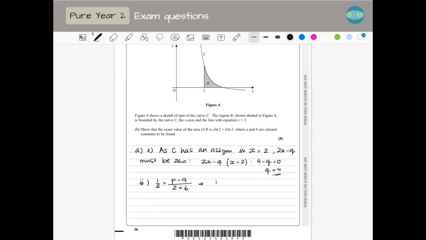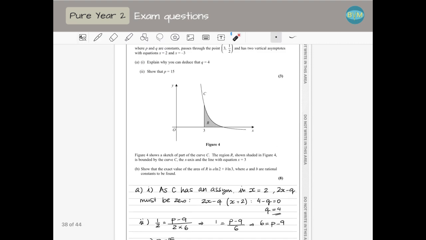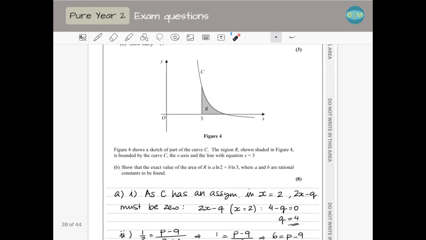This means that 1 is going to be p minus 9 divided by, I have simplified the 2 with the 12, and 6 is going to be p minus 9, which means that p is 6 plus 9, which is 15. So that's the first part, which I think is the easy one.